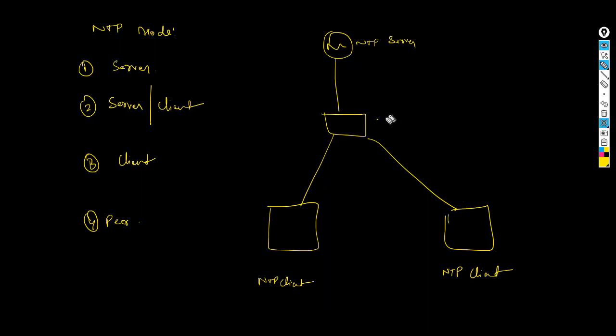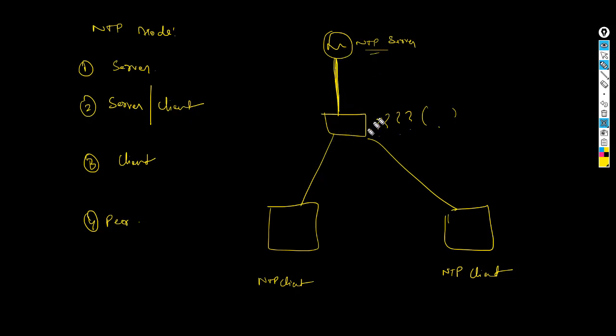But this one I'm not sure if it is going to be server or client. It cannot be server. If it is server, then what is the point of having this as a server, right? It doesn't make sense, because they are after all on a single cable. I don't have any other reachability, so that it takes the one with a better stratum.